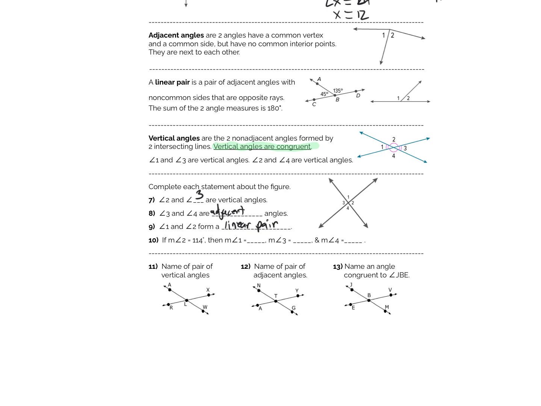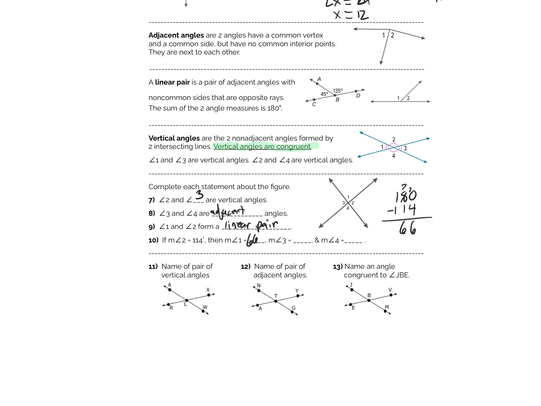If the measure of angle 2 is 114 degrees, then to find the measure of angle 1, I can just take the 180 degrees that's formed by a linear pair and subtract the 114 that angle 2 has, and what's left over should be 66.